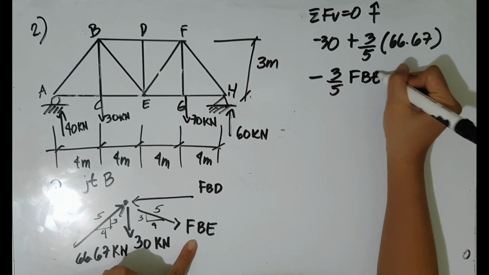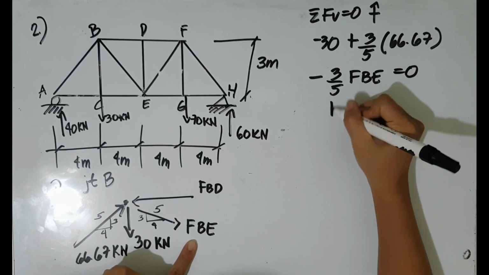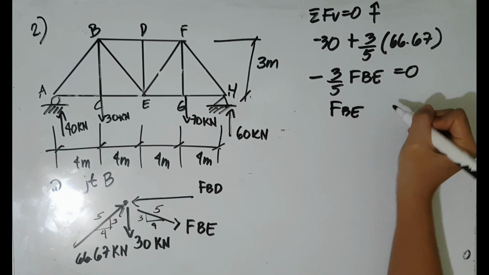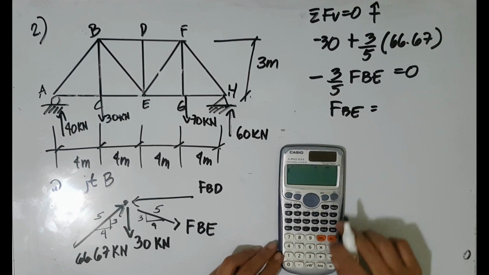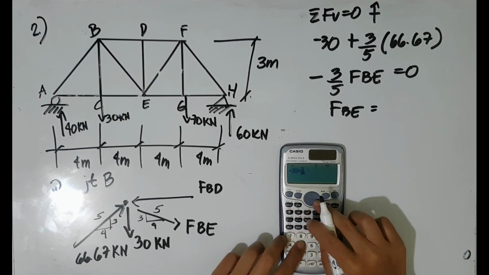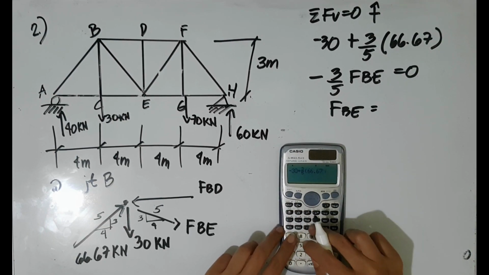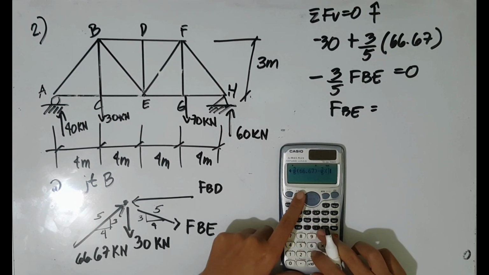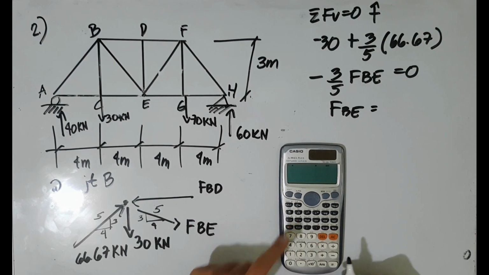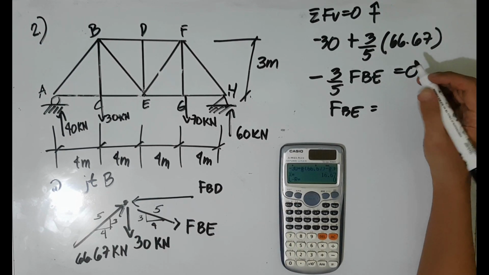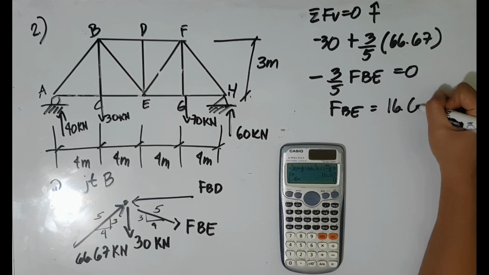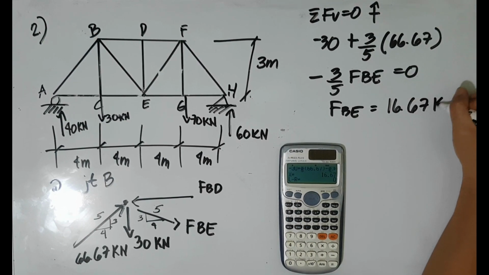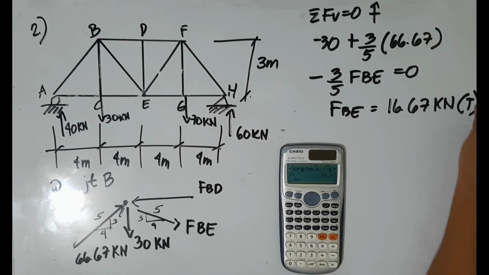Therefore, force BE now is equal to 16.67 kilonewton in tension. So our assumed direction is correct.